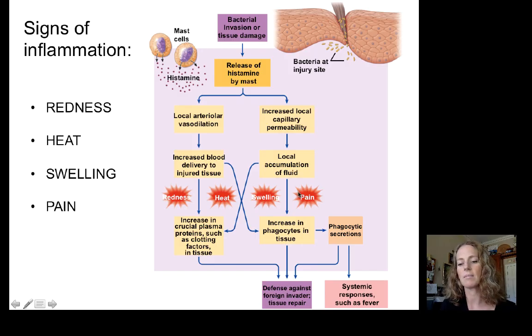That caused swelling and pain, which increased the phagocytes. Because of the increase in phagocytes in the tissue, you can also get an increase in pus at an injury site if it goes on for a long time. But more secretions can also activate the rest of the immune system, increase fever, and increase tissue repair.